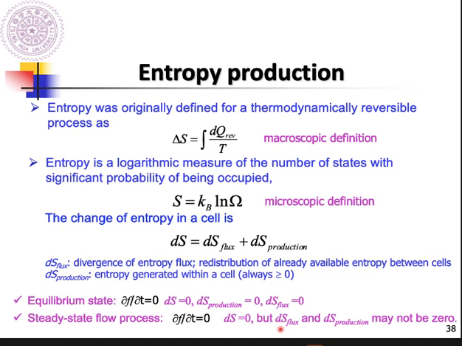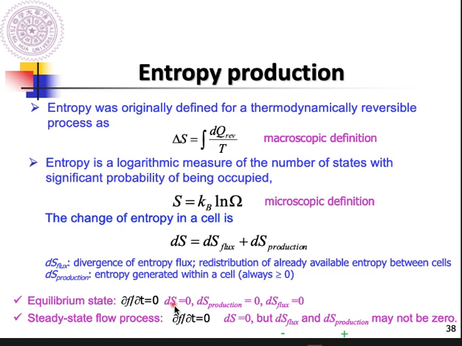In the heat flow, electrical flow, and mass transport conditions, in the previous slide we calculated the entropy production rate per volume, so the S production is definitely positive. This is 0 and this is positive, so the entropy flux from surroundings must be negative. That gives you the difference between the equilibrium state and the steady state flow process.